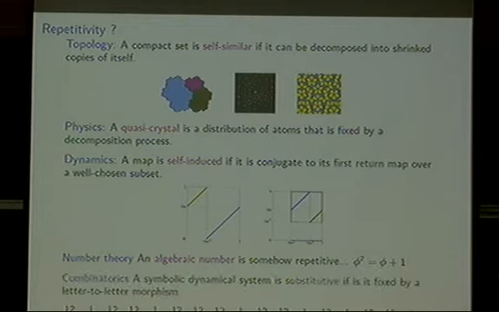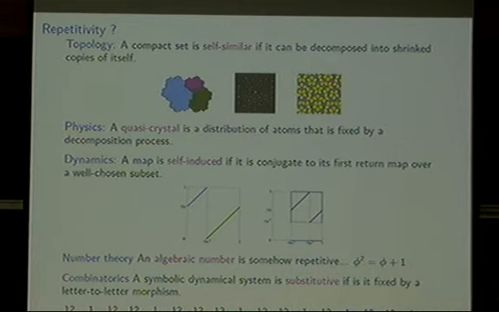And then finally, if you go to combinatorics, you also have repetitive words, such as the Fibonacci word 1, 2, 1, 1, 2, 1, 2, because you can recode it and obtain something which is exactly the same. So I made a mistake here, I'm sorry, but imagine that we have the Fibonacci word.